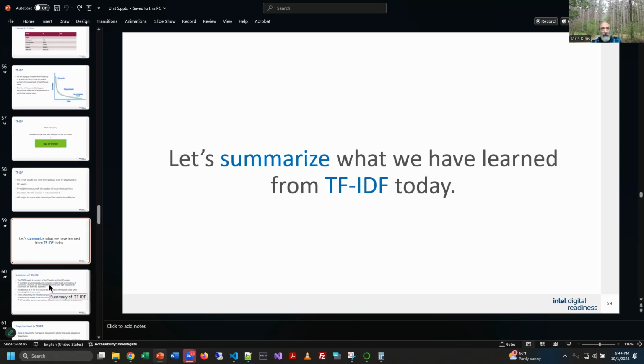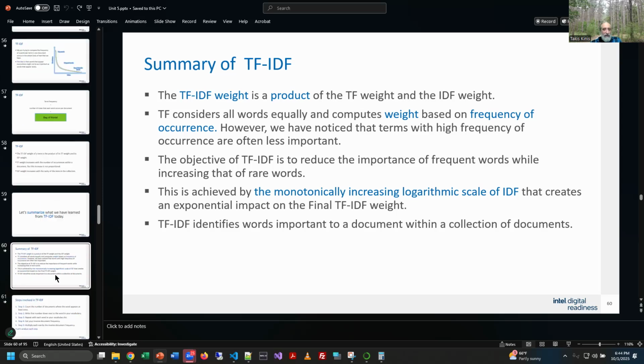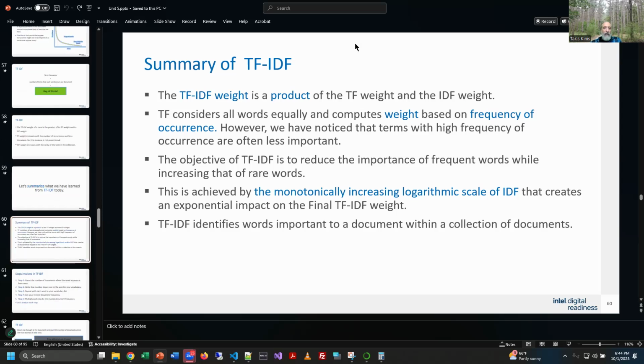So somebody had to think all this through, right? And then what mathematical thing can we use to represent it? And that's what they came up with. So a quick summary of TF-IDF, right? We combine those two weights. We consider all the words equally, and compute the weights based on the frequency and the rarity combined. We want to identify rare words that are important.